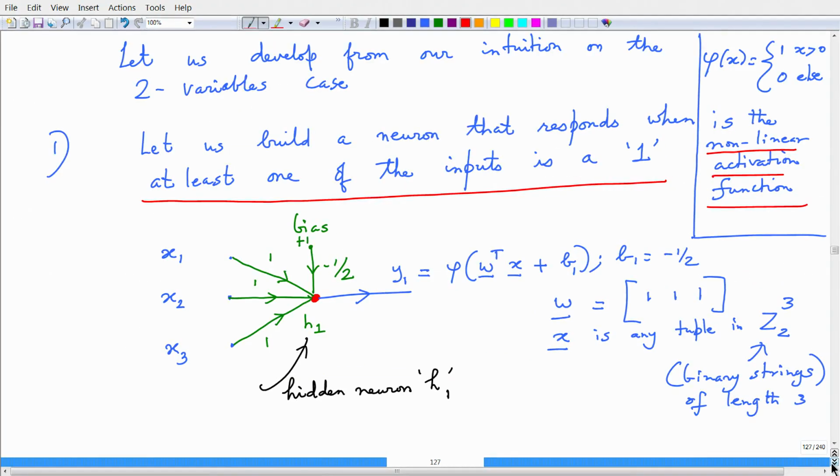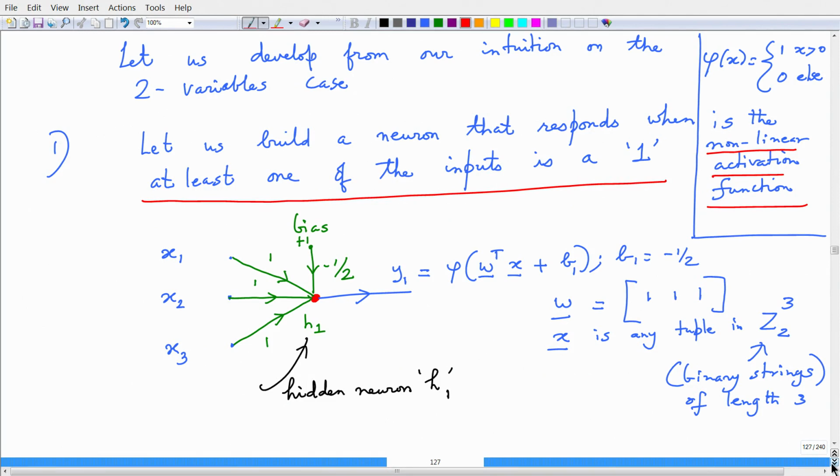Since there are only 2 classes, our intuition also tells us that if we carefully combine the outputs from the hidden neurons, just with one output neuron I should be able to realize the pattern separability. Okay, this is the intuition. Let us see how we will attack this problem.